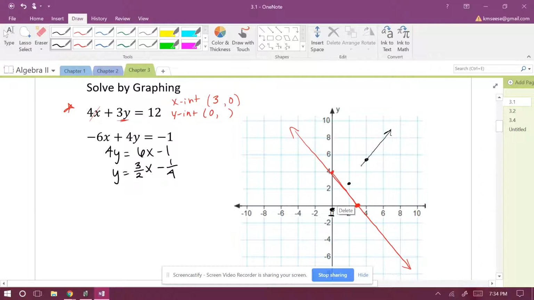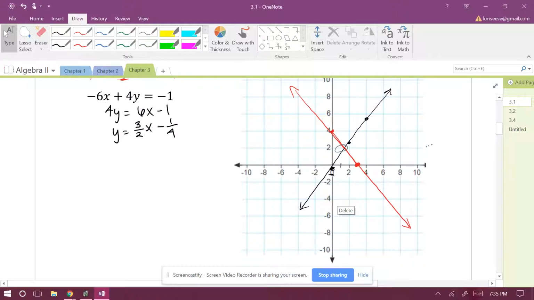And this is the issue with solving by graphing: when you're graphing, especially something like 1/4, it's really hard to be 100% accurate. So when I look at this, what I want to see is where it looks like they're intersecting. If I wanted to guess, that right there is 1, but it's past 1.